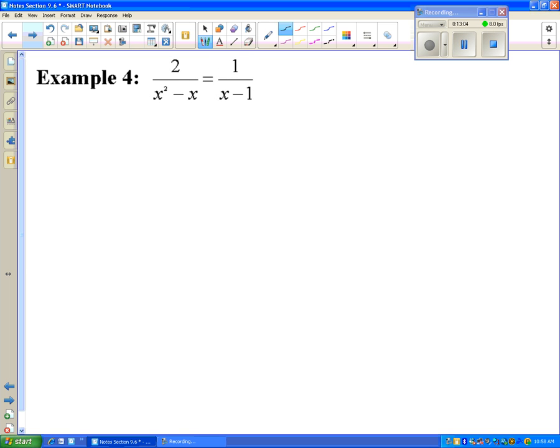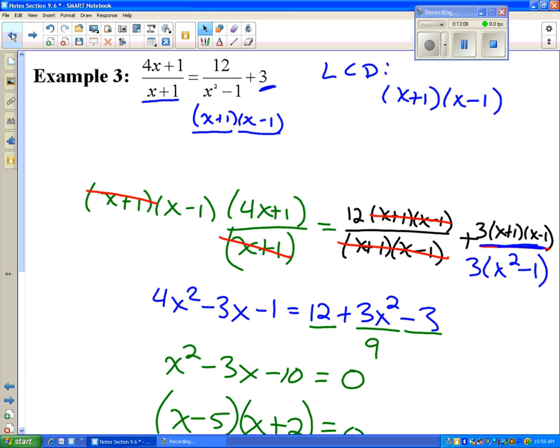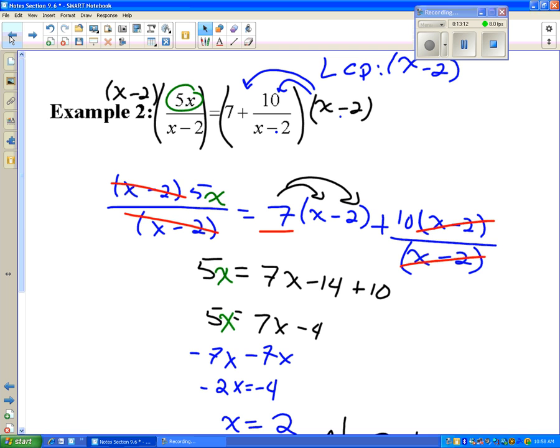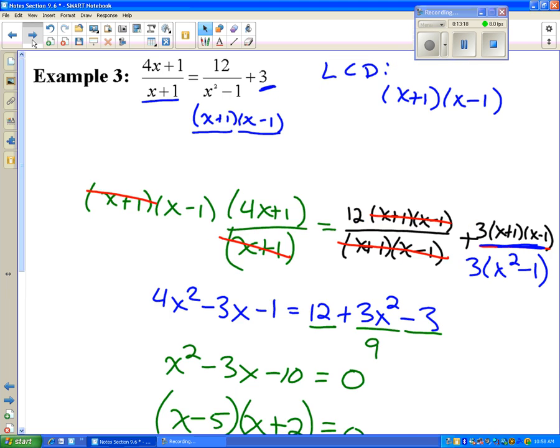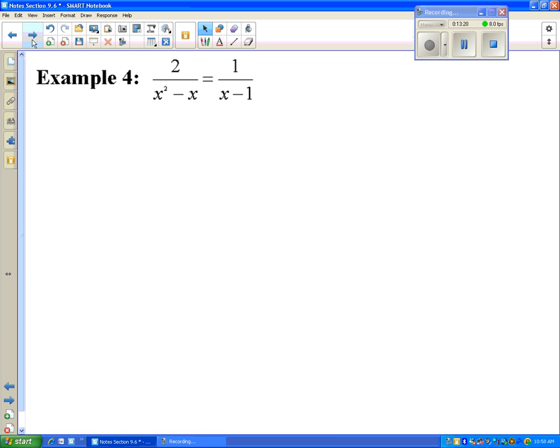Here's the thing: it would work on a problem like number 4. It would not work on a problem like number 3, number 2, or number 1. It does not work for every problem. If it's a fraction equal to a fraction, I could cross multiply. But of these 4 examples, only one of them has been this.